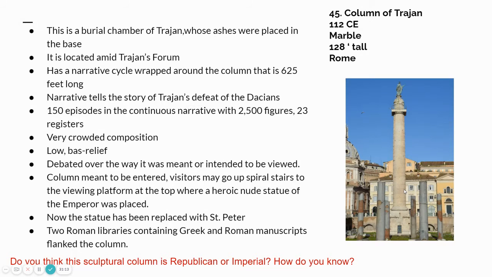And if you were to unwind those registers and stretch them out, we would be looking at a narrative that was at least 625 feet long. So it's an extremely long, intensive narrative. Basically, it tells the story of Trajan's defeat of the Dacians.